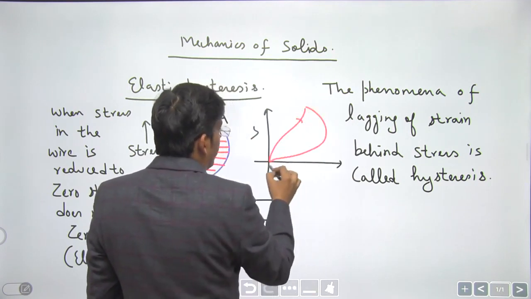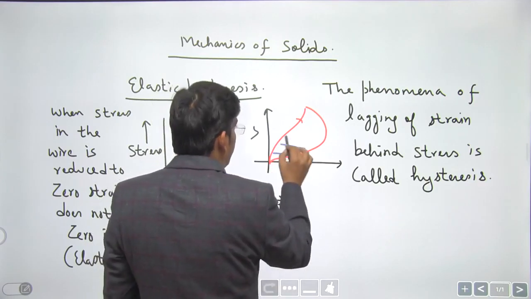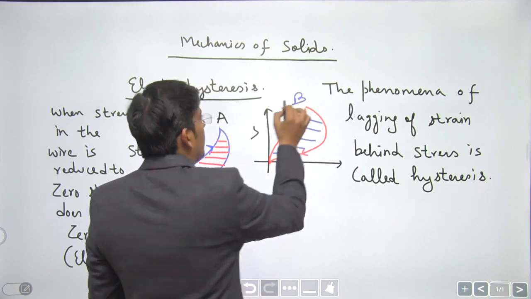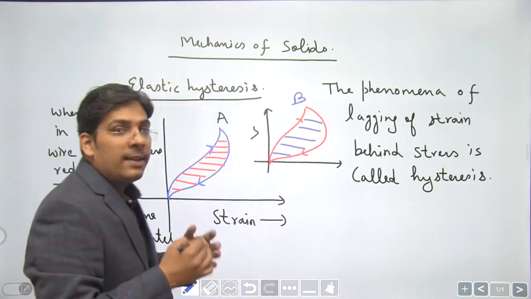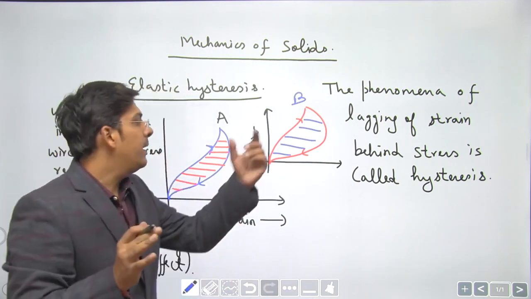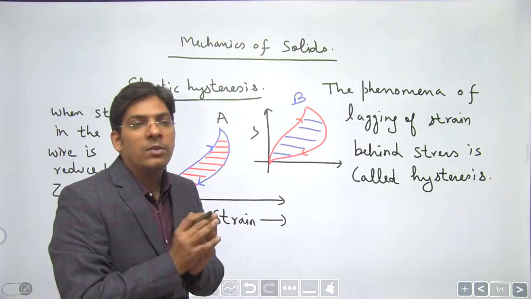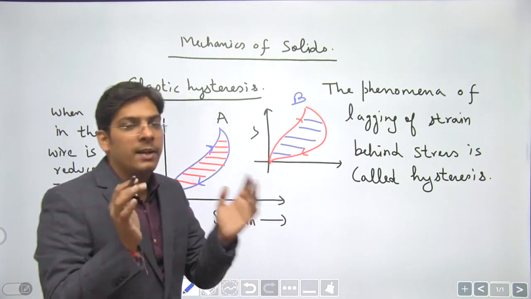So what is the difference? Can you conclude anything about the nature of these two rubbers? Yes, I can. If the hysteresis loop is narrow, then less energy is lost during deformation and reformation. In this one, more energy is lost, more energy is dissipated in deformation and reformation.